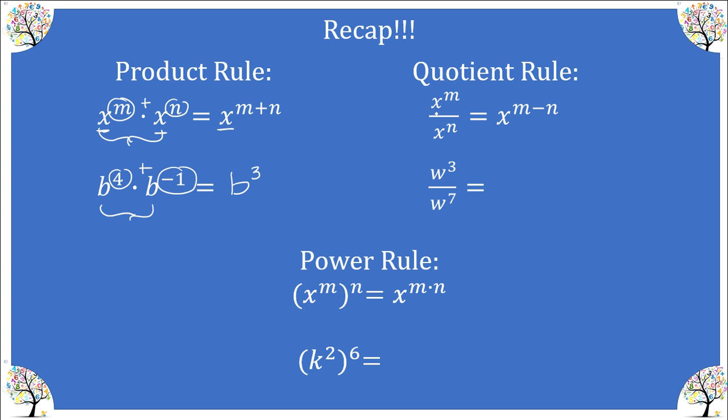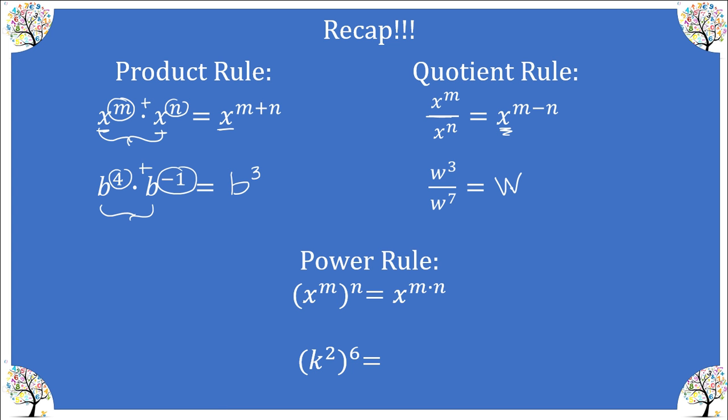When we have an expression where we are dividing bases that are the same, again, we can condense this. Instead of having two x variables, we can write it as a single variable by subtracting the top exponent minus the bottom. So for example, I'm just going to write my base of w.